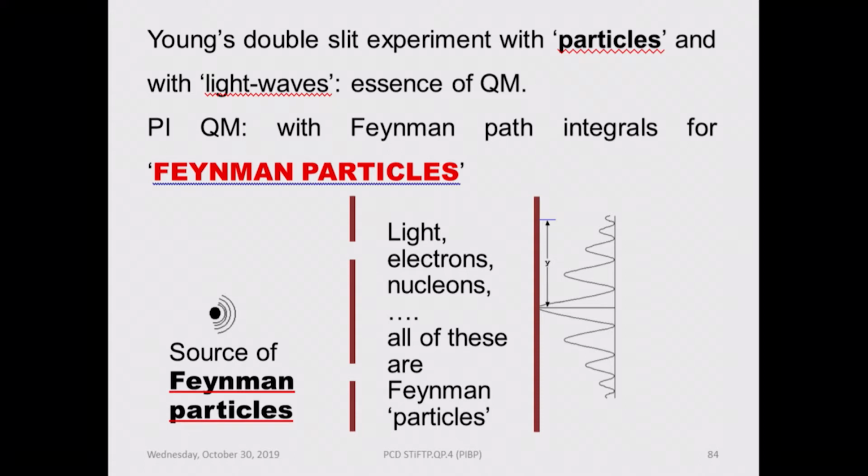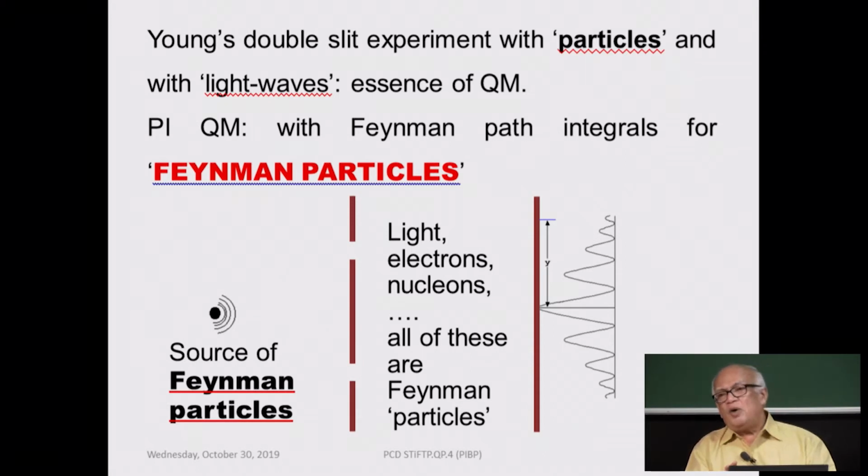There isn't much in quantum mechanics which is not there in the analysis of the Young's double slit experiment. So, this is a wonderful experiment to work with, and we are now going to ask, does Feynman path integral provide you an understanding of the Young's double slit experiment? Does it explain the interference pattern? Does it give you the dark and the bright fringes?